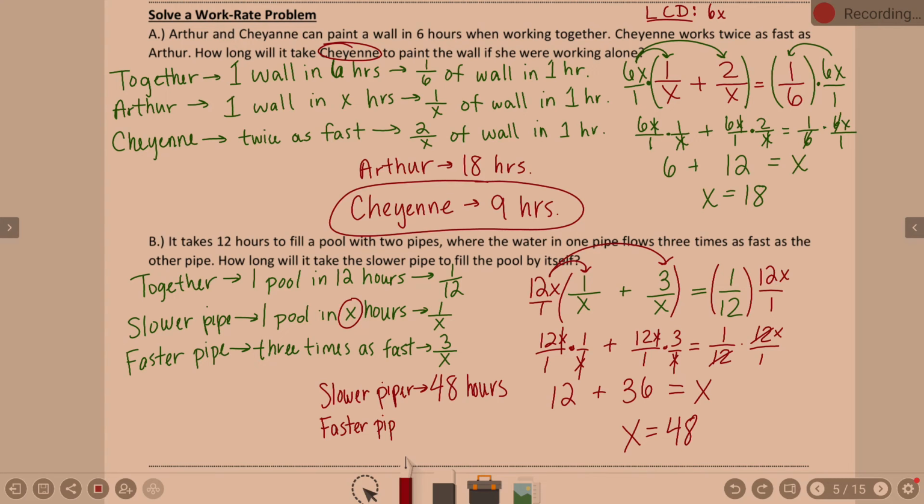I did it again. I wrote pipe wrong, didn't I? Faster pipe's going to take how long? 16 hours? Because it's 3 times as fast, so divide by 3. What did my question actually ask? Slower pipe. Did I answer that? I did.